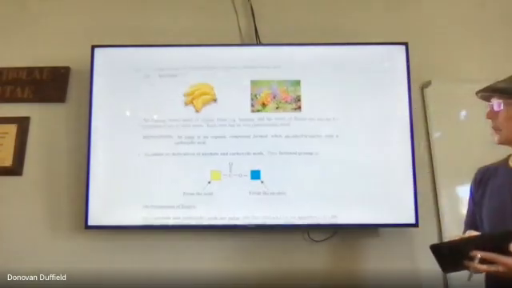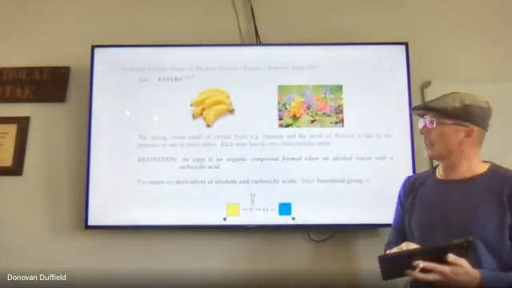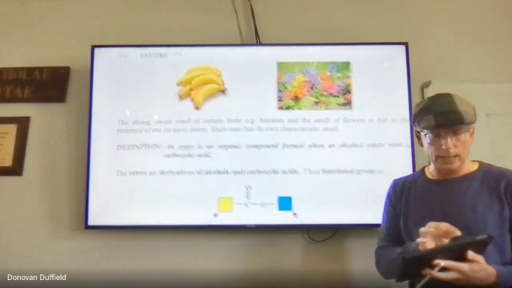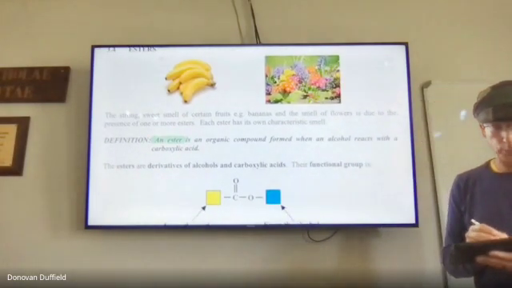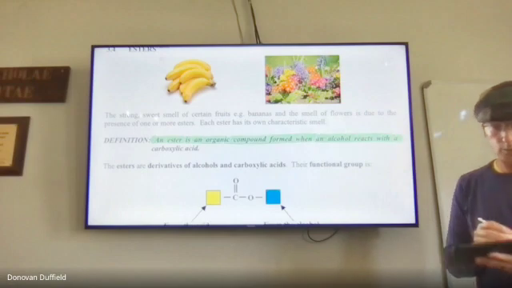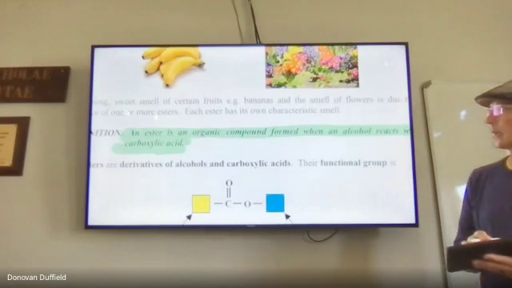Right, so let's look at the definition of esters. An ester is an organic compound formed when an alcohol reacts with a carboxylic acid.